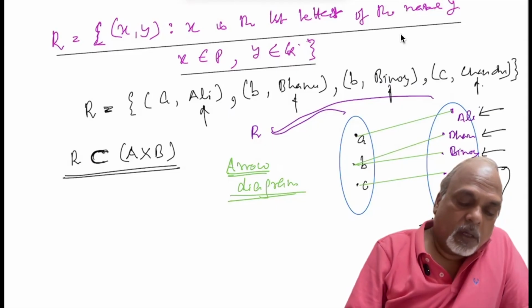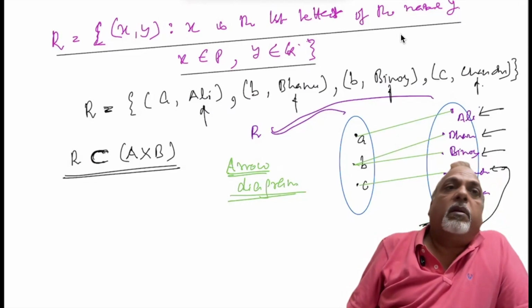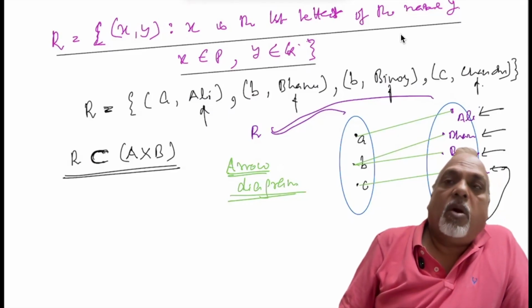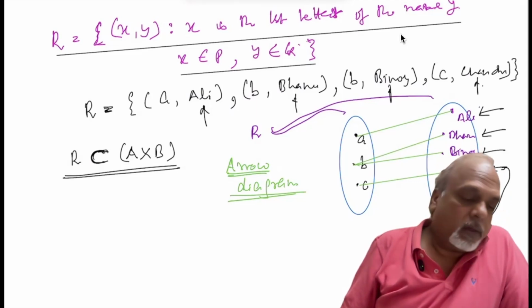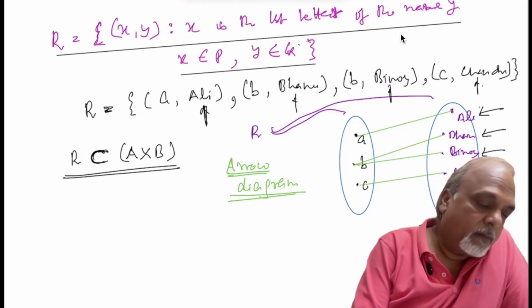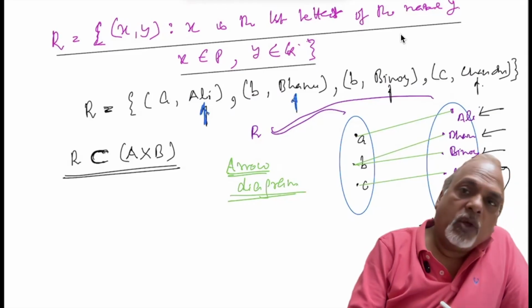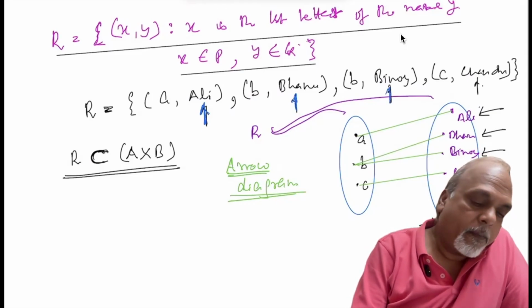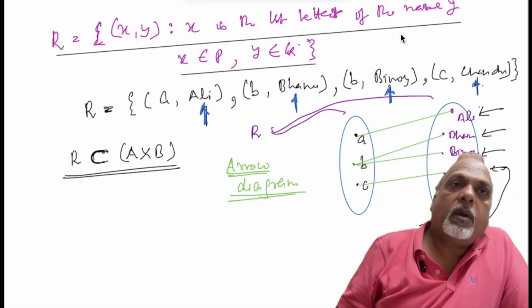These are called image. The second element of the ordered pair is called the image of the first element. So these are the images. Ali is the image of A. Binoy is the image of B. Correct.